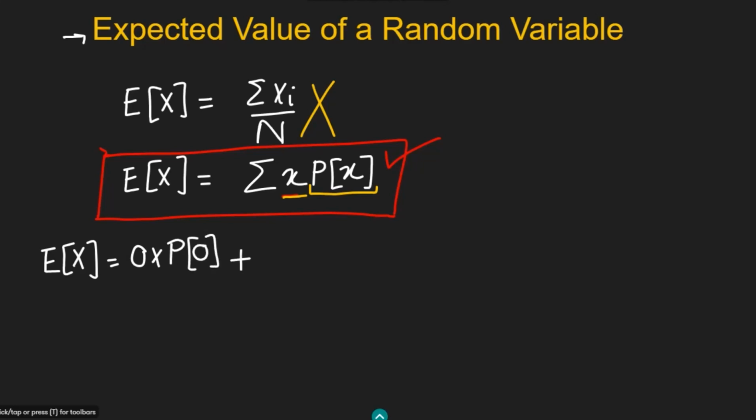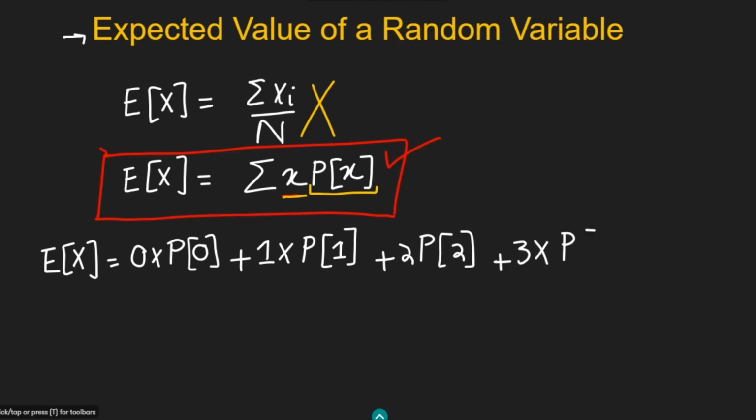I have to add 1, and multiply it by the probability that heads equal to 1. Similarly 2, multiplied by the probability of heads equal to 2, plus 3 multiplied by the probability that the number of heads is equal to 3.